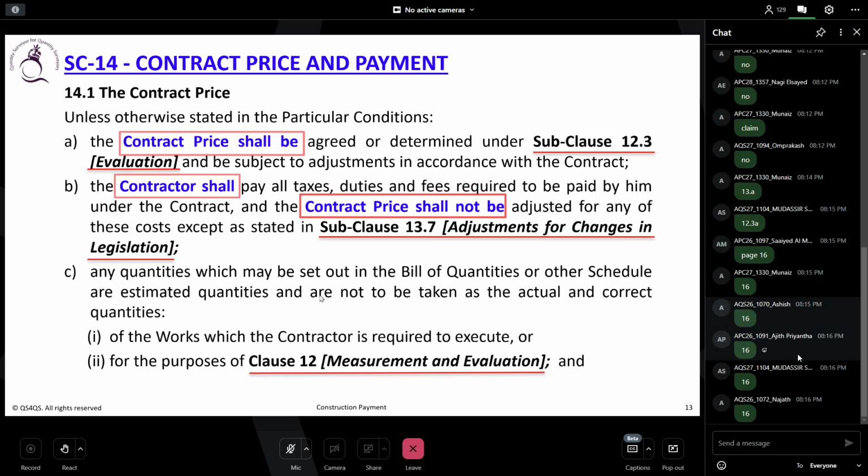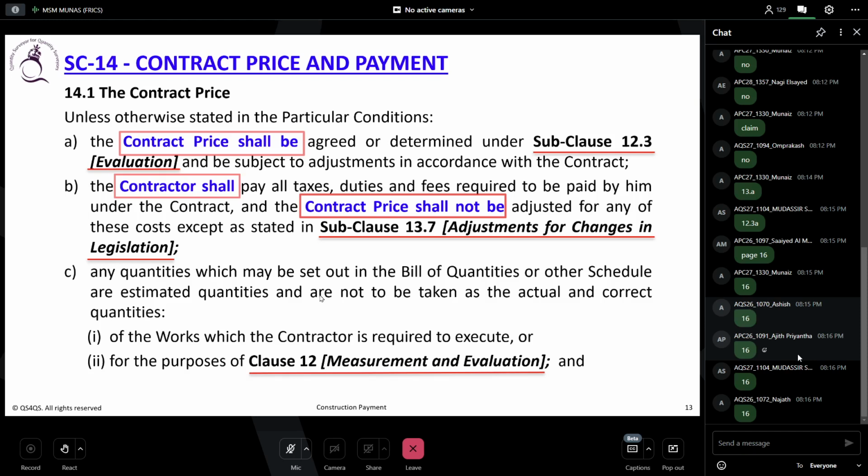Unless otherwise stated in the contract, the accepted contract amount covers all the contractor's obligations. See, read it very carefully, okay. Unless otherwise stated in the contract, the accepted contract amount covers all the contractor's obligations under the contract, including those under provisional sums, if any, and all the things necessary for the proper execution and completion of the works and remedying any defects.